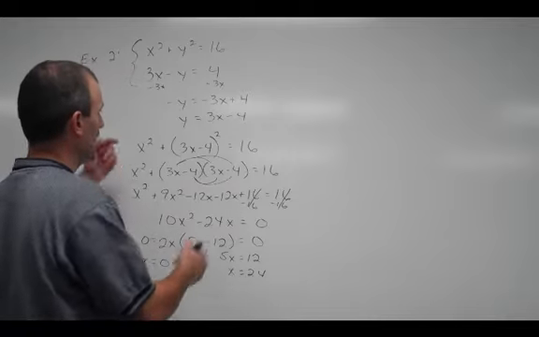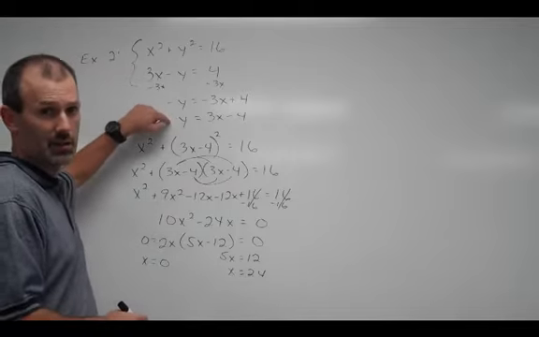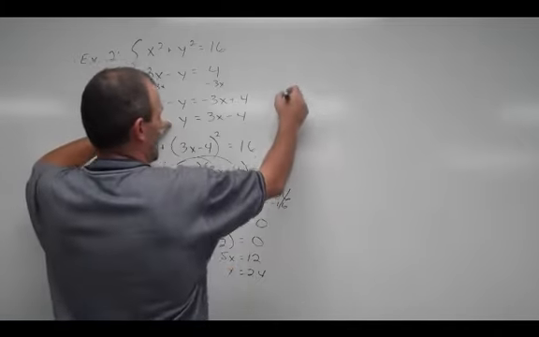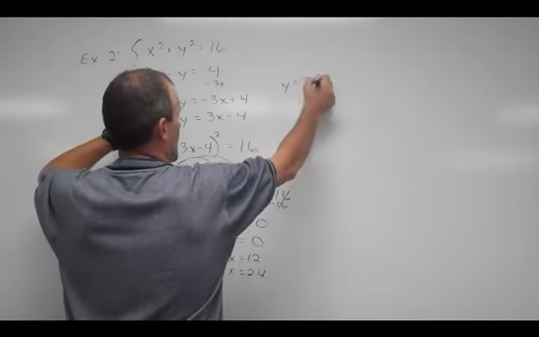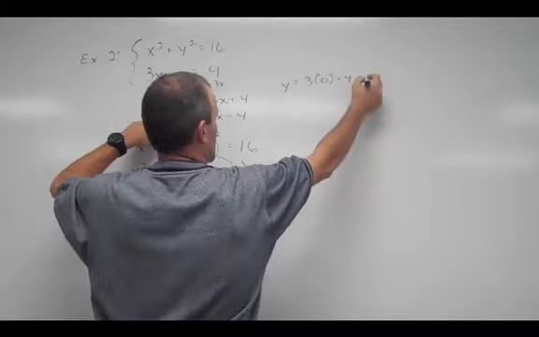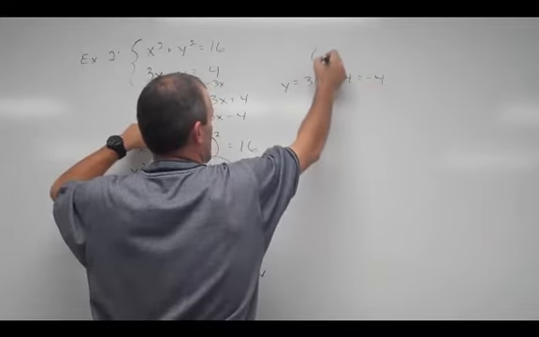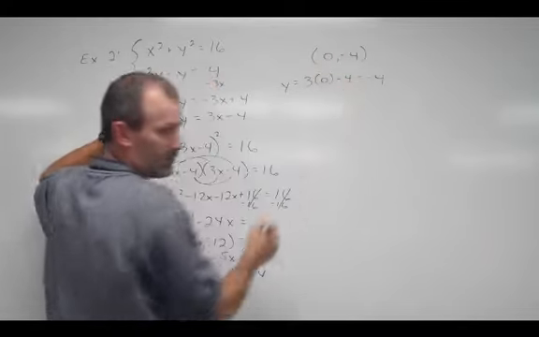And then we're going to plug those back in to the linear equation, the one we started with. So for the first one, we've got y equals 3 times 0 minus 4, which is negative 4. So that gives us the solution 0, negative 4.